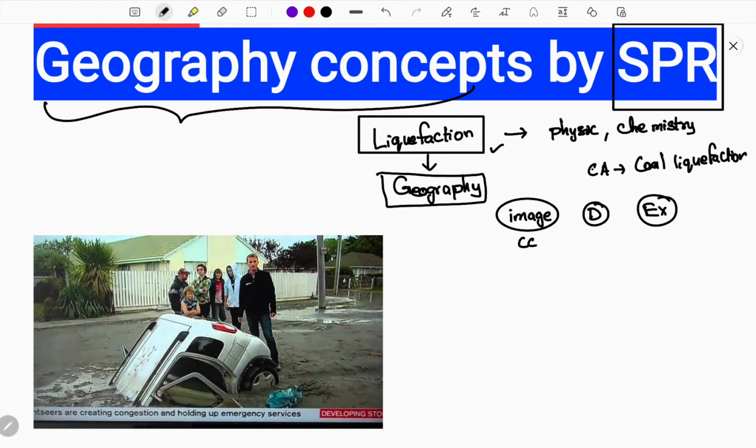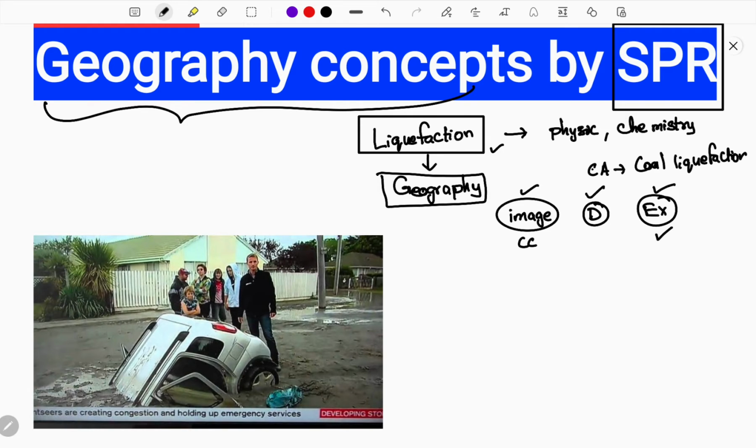This is what you need to write in UPSC mains: the concept in an image format, a definition that satisfies the topic asked, and an example showing that the same phenomenon has happened nationally or internationally. The validating example will make your answer more accurate.